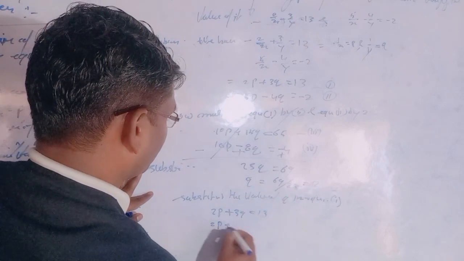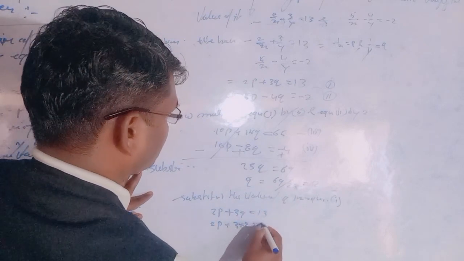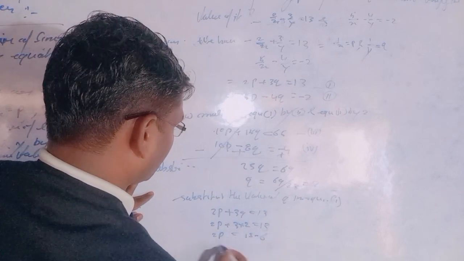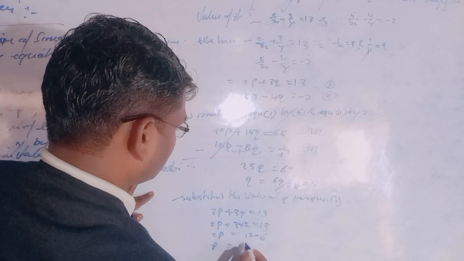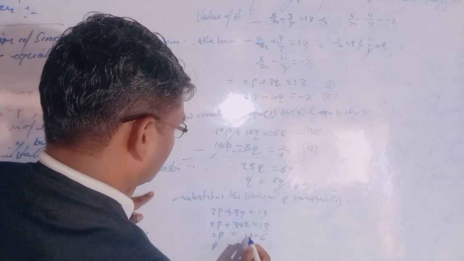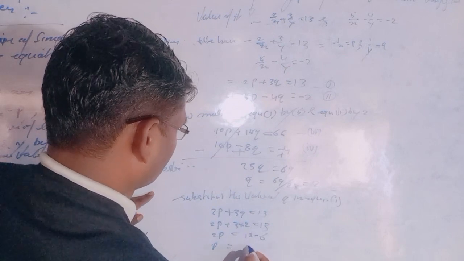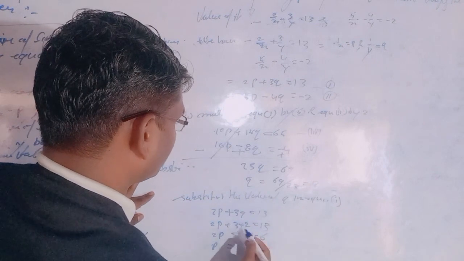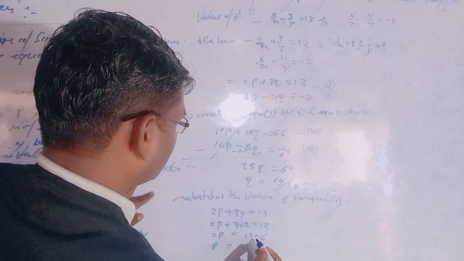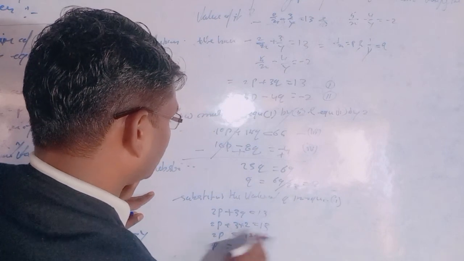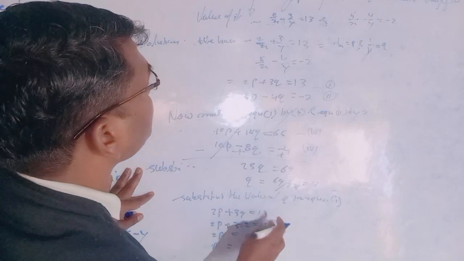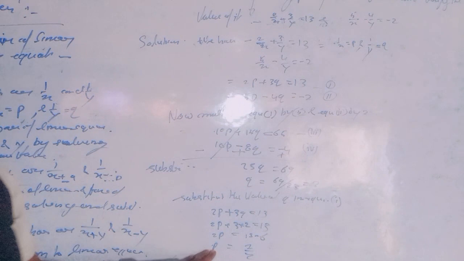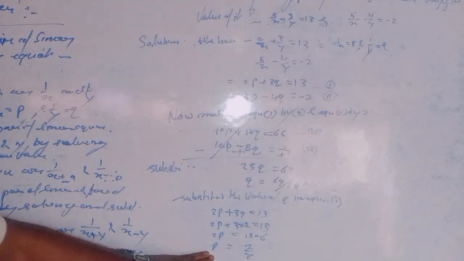So 2p plus 3 into 2 is equal to 13. 2p is equal to 13 minus 6, so 2p is equal to 7. 3 twos are 6, and 13 minus 6 is 7. So p is equal to 7 by 2. Got it?